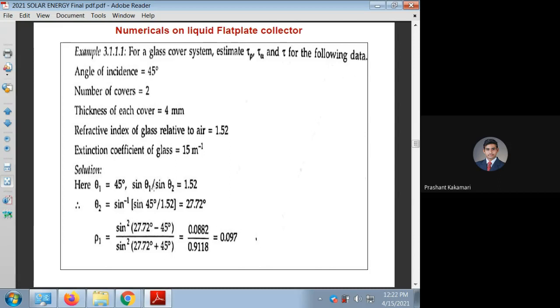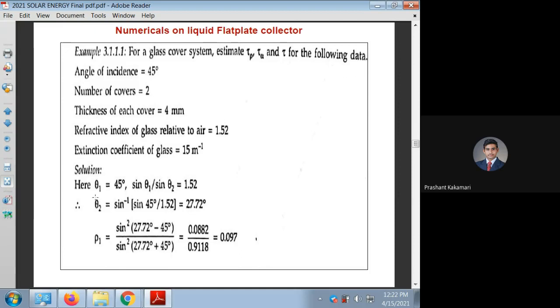Now using this relation, one can find theta 2. As theta 1 is given and N2 by N1 is given, theta 2 equals sin inverse of sin 45 divided by 1.5. That will give us 27.72 degrees. So theta 2 is nothing but the refracted radiation after passing through the glass.